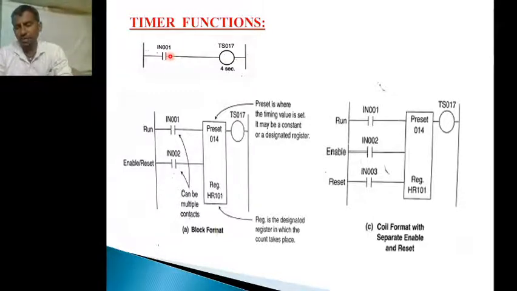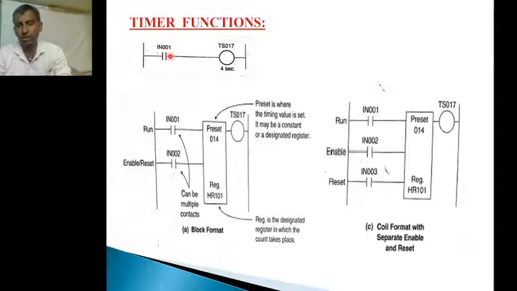That means the timer has been working for 2 seconds and suddenly the power goes off. As the power goes off, the input 001 contact is off. Now we realize that the IN001 contact is off, so we make it on, and then the timer works for 4 seconds, not for 2 seconds.